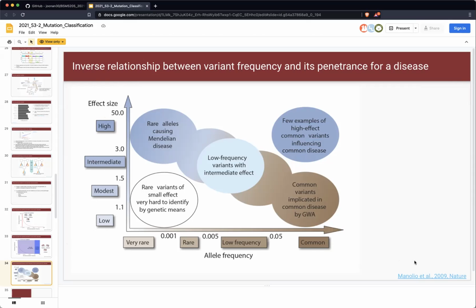So this is another landmark paper. I mean, if you are seriously interested in biomedical science, not just genetics, if you are interested in disease studies, or in clinical work, I think this is a must-read paper.